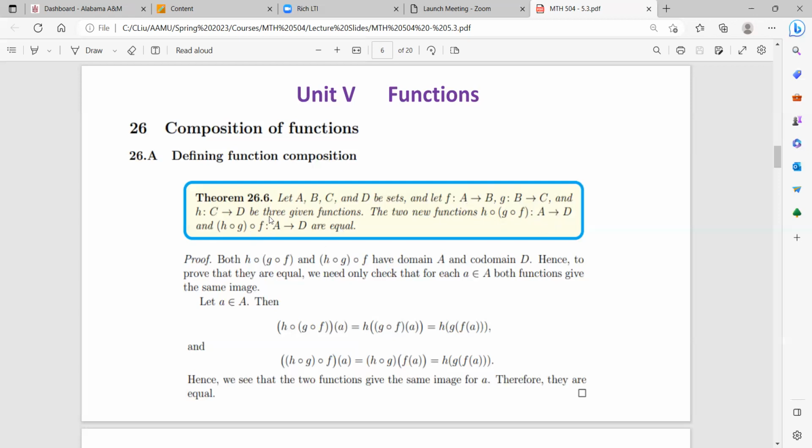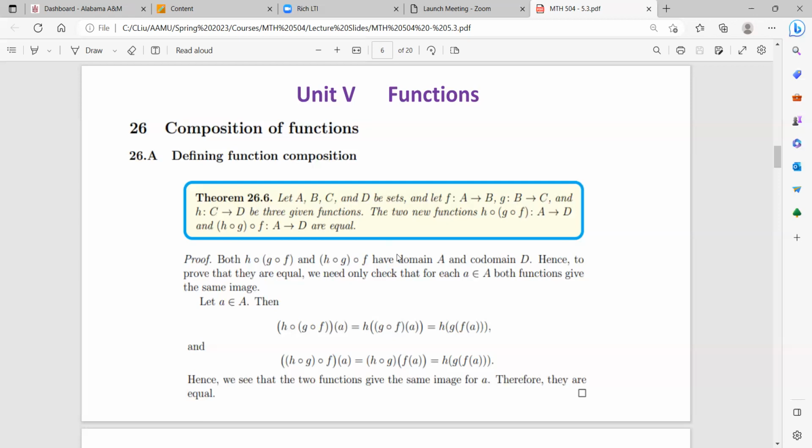Okay, and similarly, if we do H compose G, it will be from B to D, right? From B to D. And then you compose it with F. So F from A to B. So at the end, the whole thing will be from A to D again.